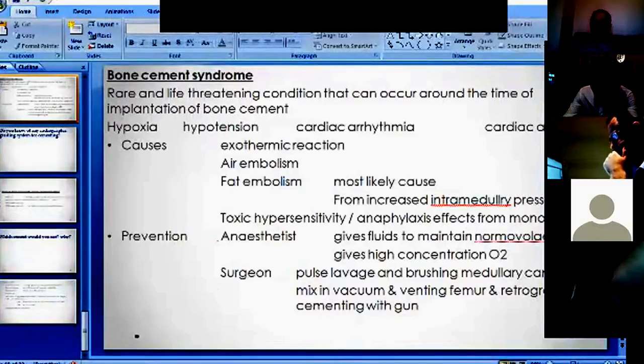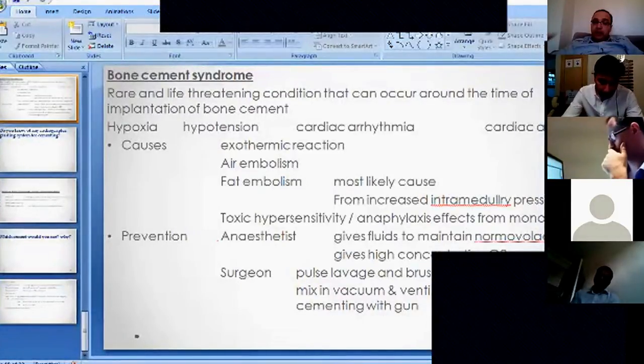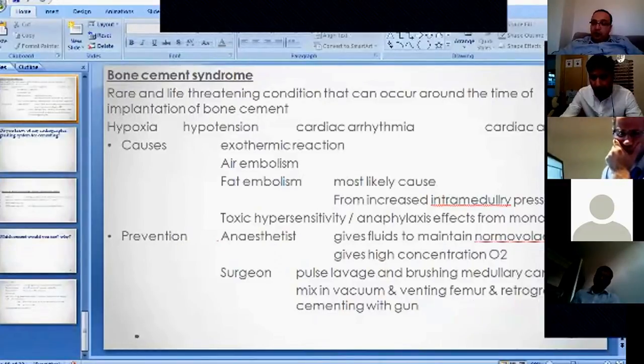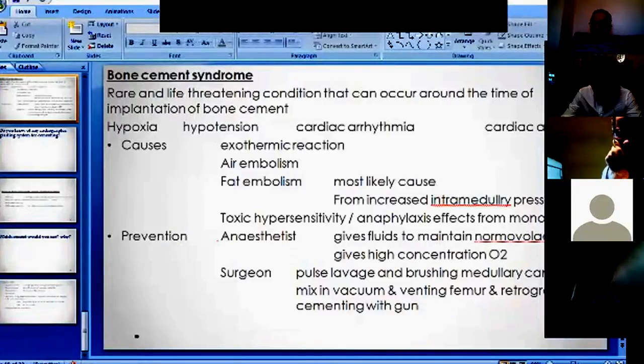To reduce the risk of air embolism, it's recommended now to mix in vacuum, to put a ventilation tube inside the femur to let any excessive air come out, and to use a retrograde cementation method, and that's also an advanced cementing technique. So retrograde cementing with a gun. And these measures will all reduce the risk of air embolism.